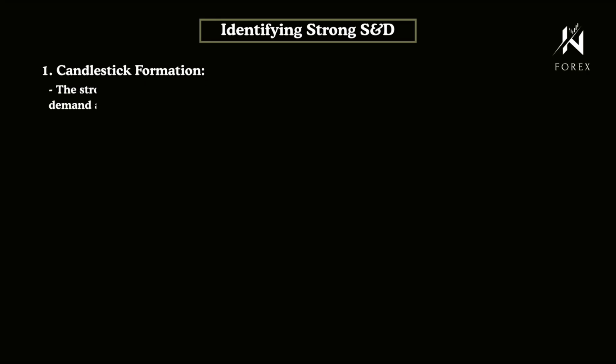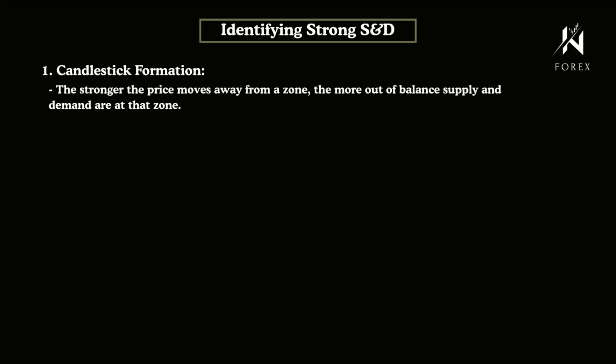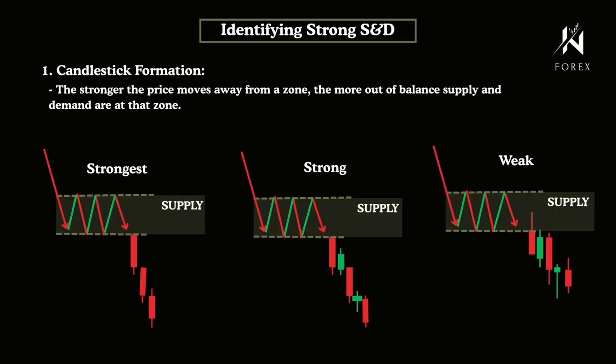A major element in evaluating the strength of a supply or demand zone is analyzing the intensity and candle structure of the price during the impulse move away from that zone. The more aggressively price departs from a zone, the more significant the imbalance between buyers and sellers at that level. This often reflects institutional level orders executed by smart money in that region, increasing the probability that price will respect and respond to the zone on a retest.